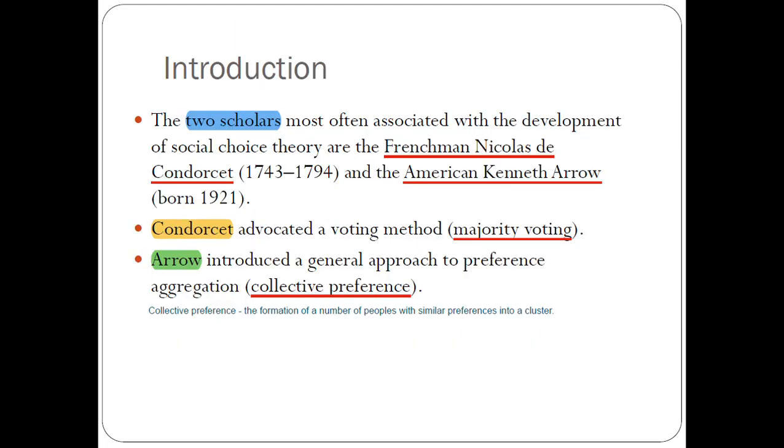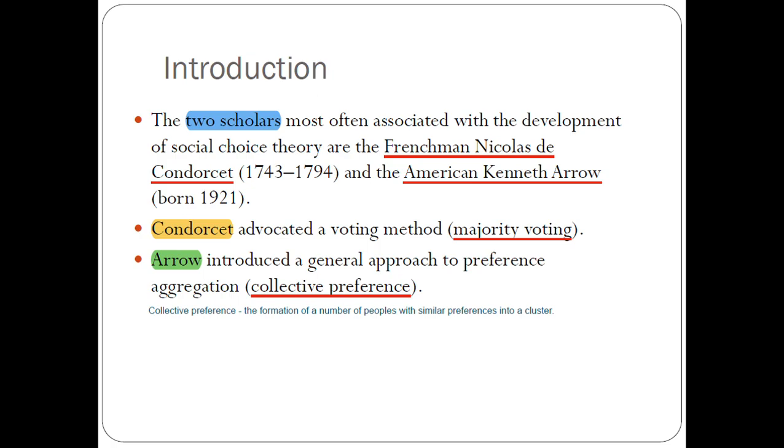So for the introduction, the two scholars most often associated with the development of social choice theory are the Frenchman Nicolas de Condorcet in 1743 to 1794 and the American Kenneth Arrow, which is born in 1921.